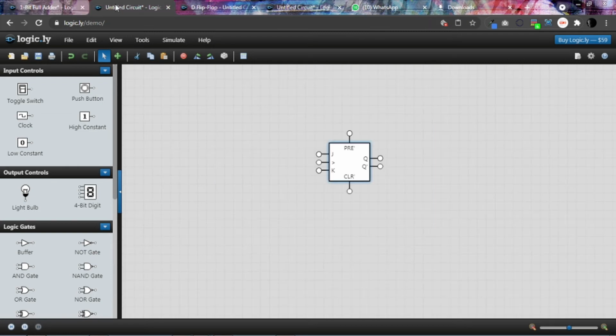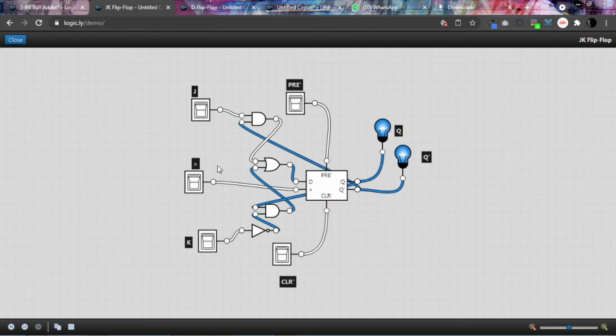Let us now look into the JK flip-flop. This is the JK flip-flop. When the input is 1 0, it returns 0 1. This is known as the set state, as in SR flip-flop.